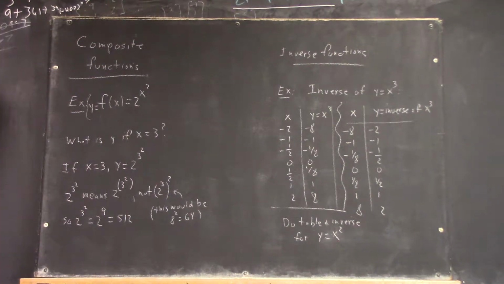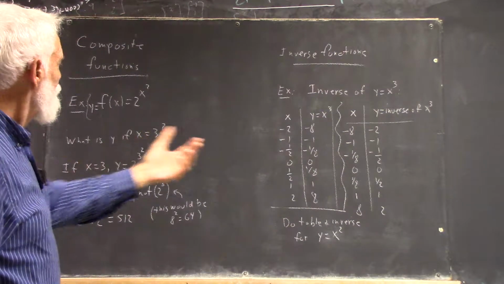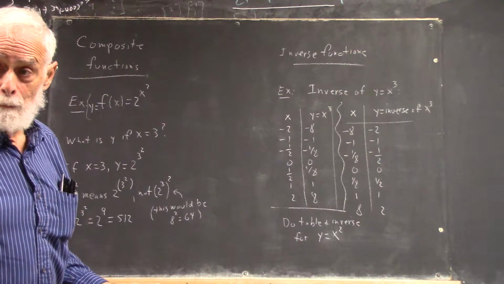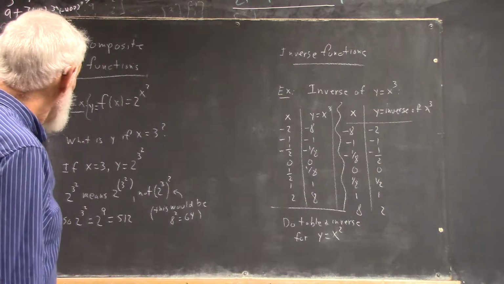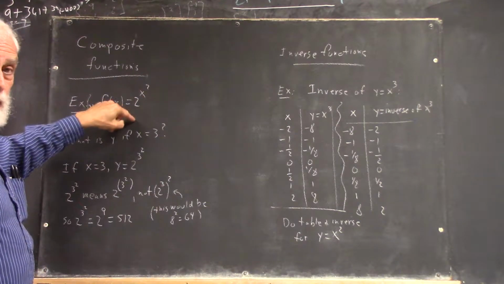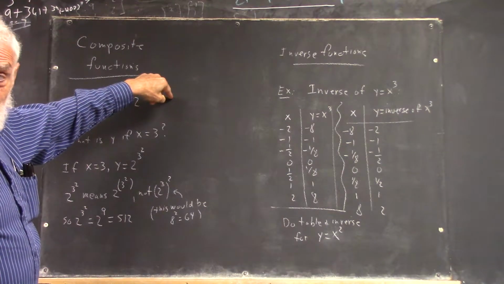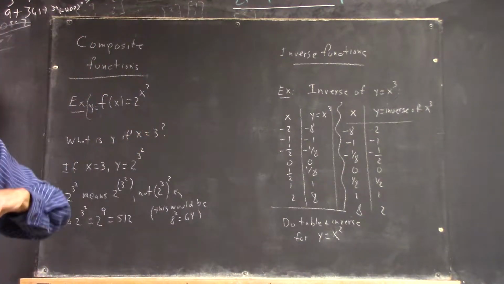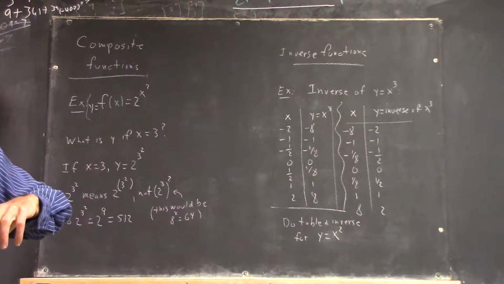Okay. Now the point is there are 2 steps in evaluating this, right? Okay? You've got to first square x, then you've got to raise 2 to that power. And this is a combination of the squaring and exponential function, right? Okay?